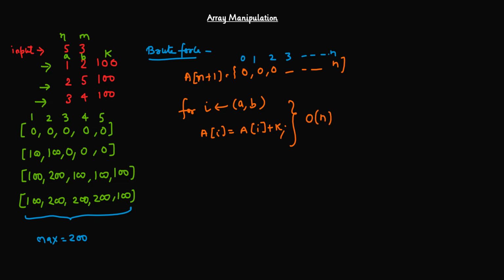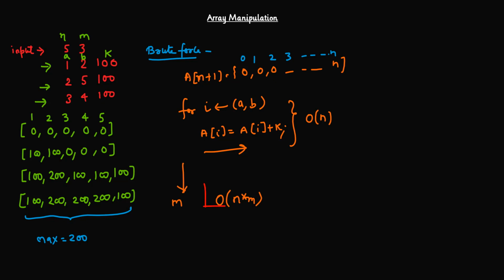In the worst case, you are going to add k to the whole array, and the complexity of adding that will be O(n). And how many queries do you have? You have m queries. For each query, if you take O(n) time to add the element, then for m queries you will take n into m time.